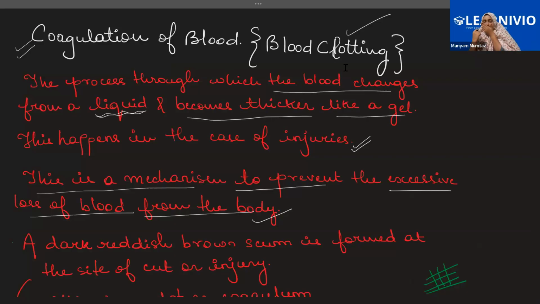Whenever we get a cut or a wound, the blood flows for a little while, but then it stops, because any kind of reaction in the body needs time to take place, right?